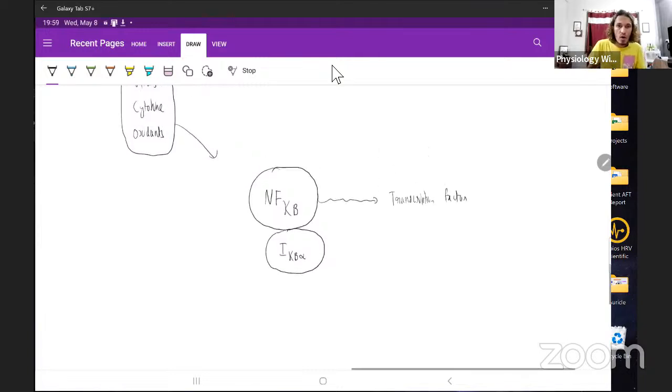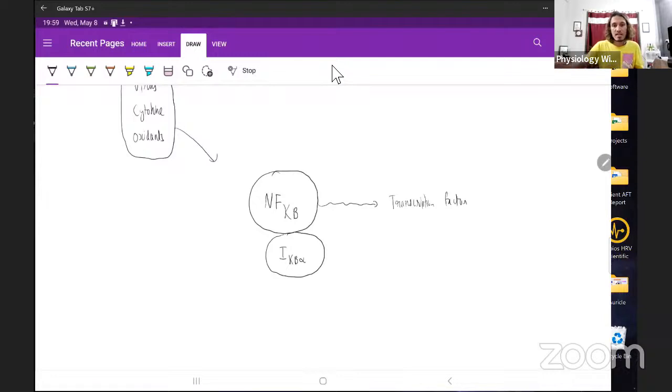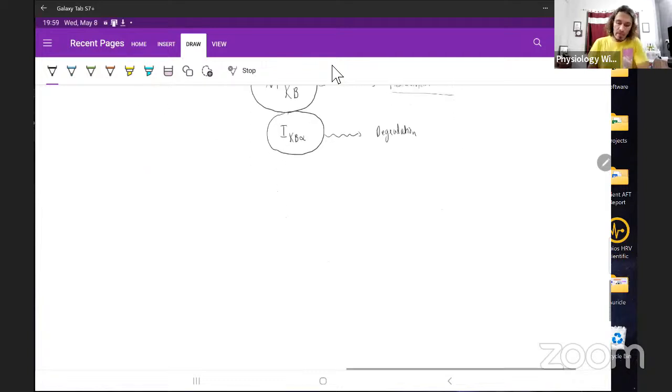But when all these signals are there, NF kappa B goes away from this and this goes into degradation, proteasome mediated degradation through ubiquitin. So this is transcription. Transcription of what? What exactly does this do?